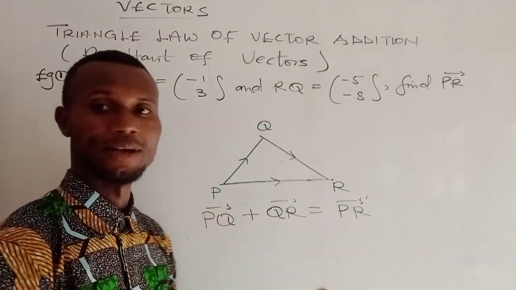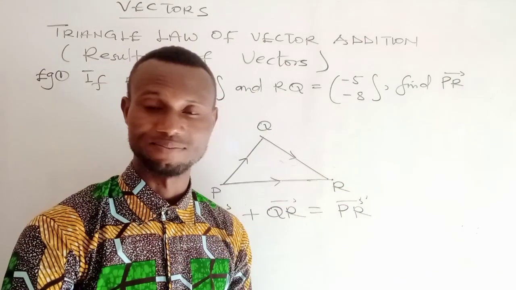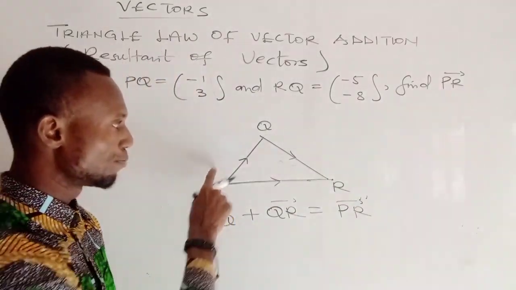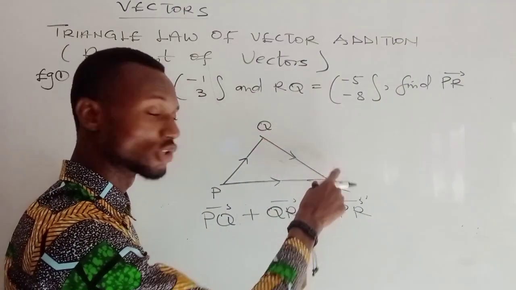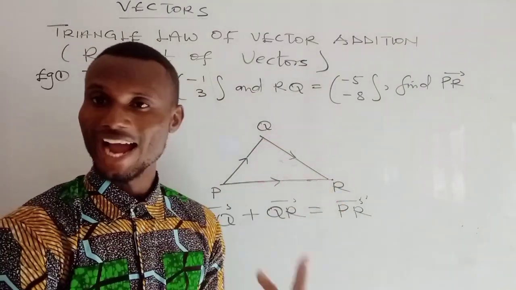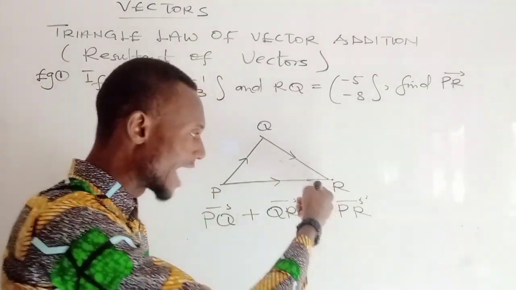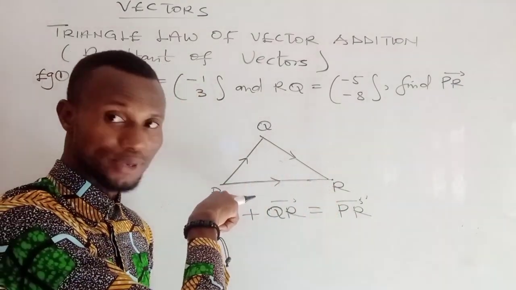That is the triangle law of vector addition. And I'm emphasizing that you cannot say that PQ plus QR should give you RQ. No. Why? Because the arrow is moving from P to R, not from R to P.